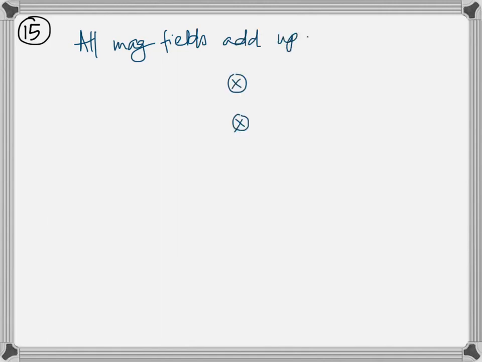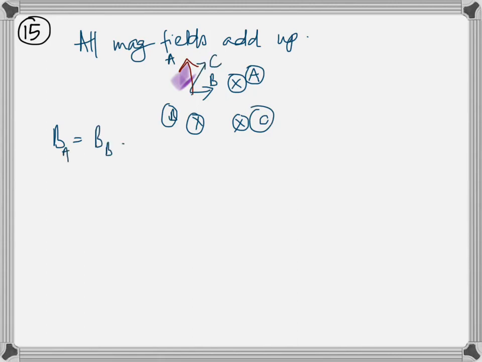All magnetic fields add up. Like you said, I took it like X, Y, the other way. That's why I took it right this way. Okay, that's what I said. Magnetic field due to C, you can see that, right? Due to A, B, C. And then I'm saying that the magnetic field due to A and B will be the same in magnitude, isn't it?